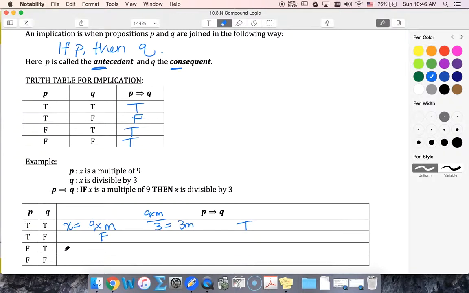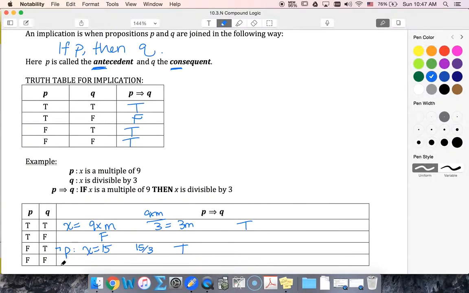So for example, my P statement, the X could be equal to 15. So this is a not P example because that would make P false. So an example of not P would be 15. But I can see that 15 can be divided by 3. That can still be true.